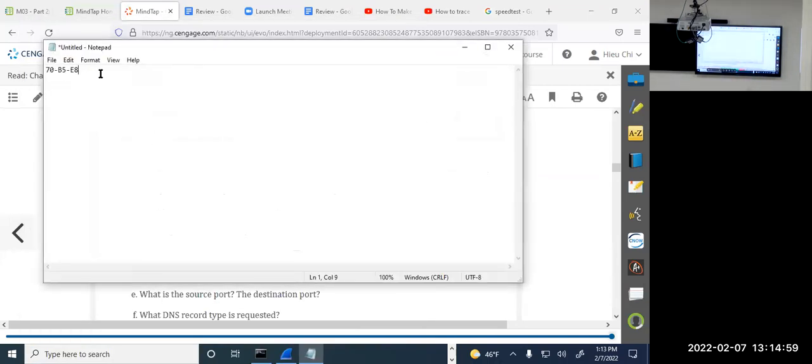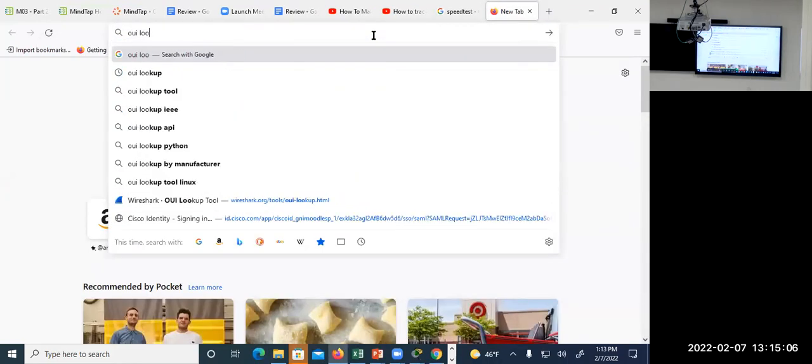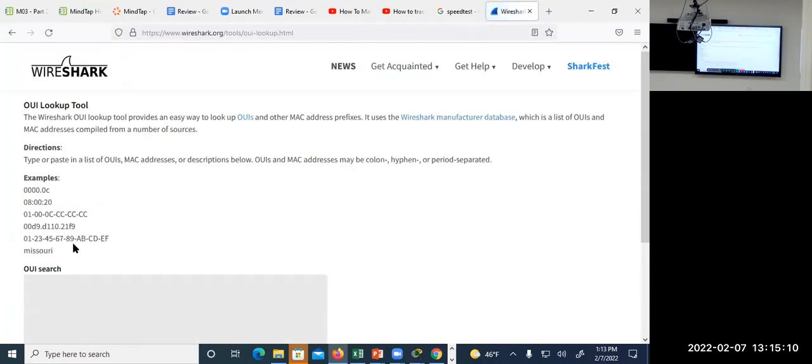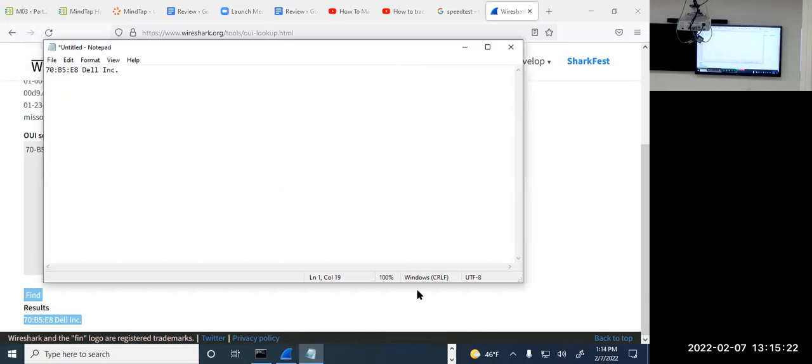I can look it up on the internet and find the lookup here. So I just paste it here and find it. So this is down here. That's very simple. We have to check over here.